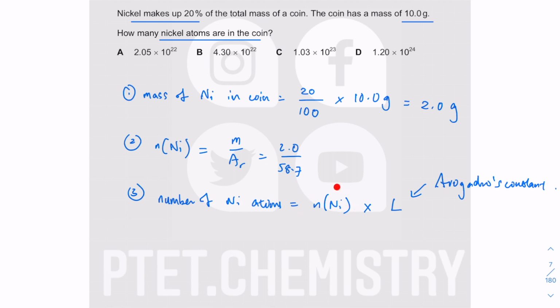So if I know how many mole, then multiply by Avogadro constant, that will give me 2.0 divided by 58.7 times 6.02 times 10 to the power of 23.